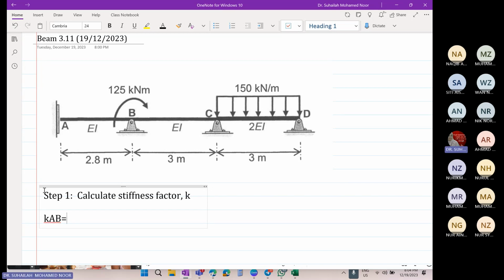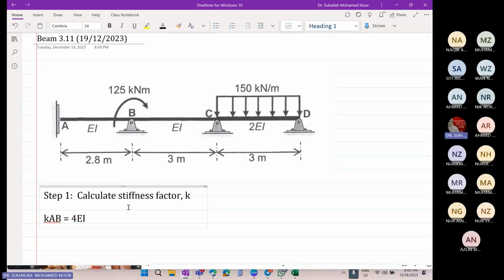For KAB, we will use 4EI over L because the far end is referring to A, which is fixed. We divide by L, which is 2.8.